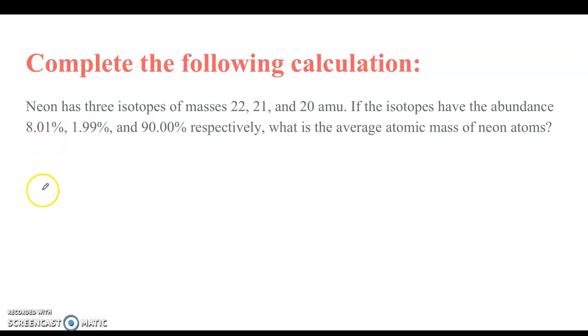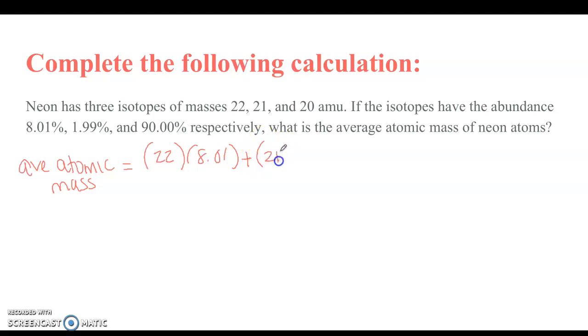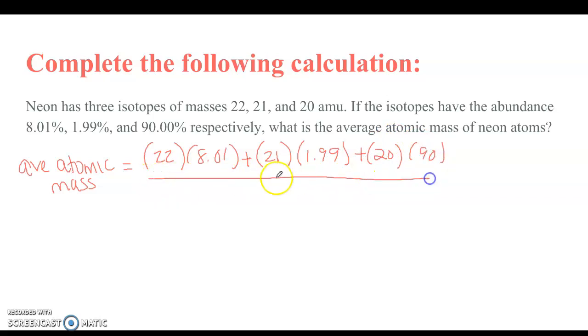All right, and you should have gotten average atomic mass equals, I'm going to take the mass times the percent abundance plus the mass times the percent abundance plus the mass times the percent abundance, all over 100.